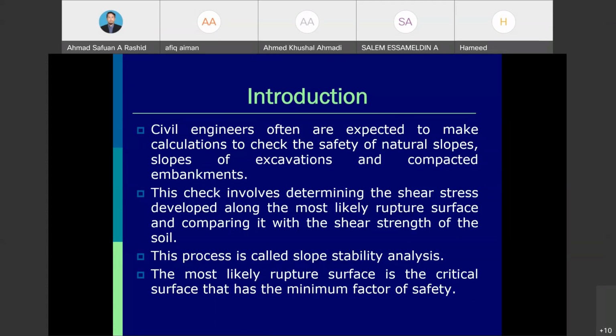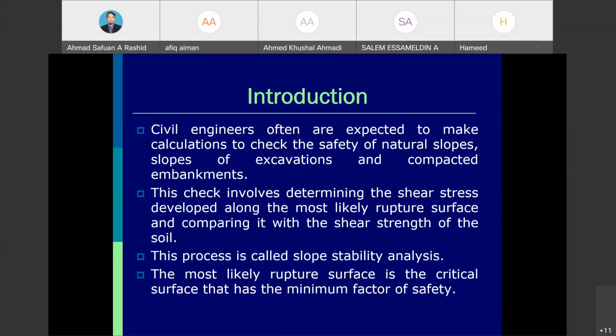For slopes of excavation, we check the stability in terms of the cutting process. For slopes due to compacted embankment, our role is to determine the stability of the filling or the compacted structure.